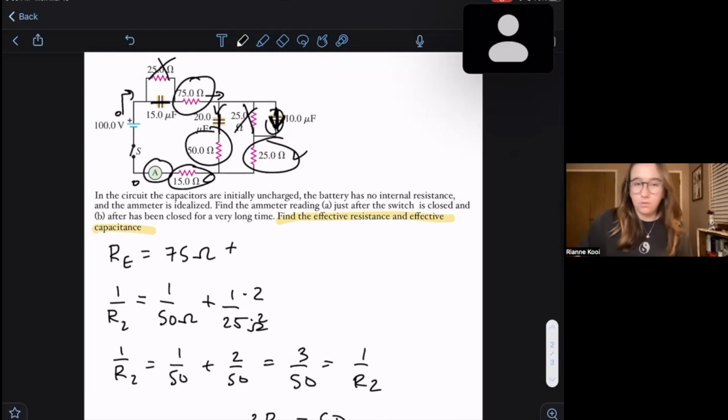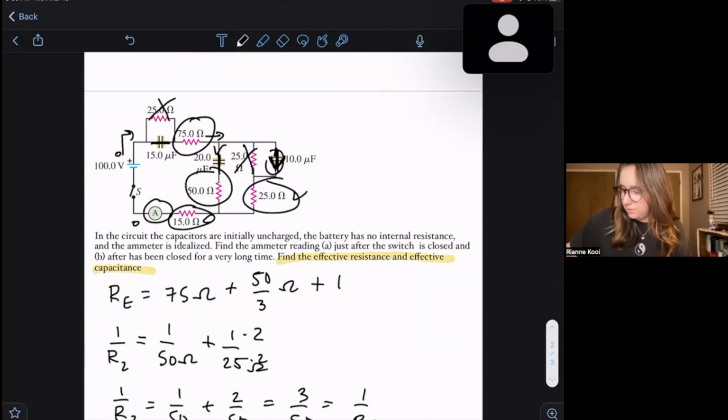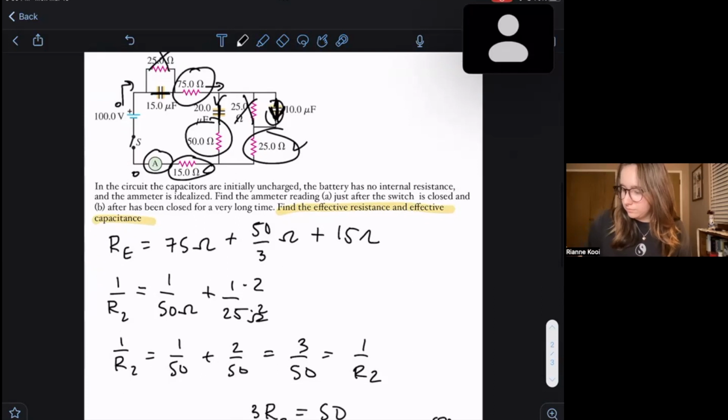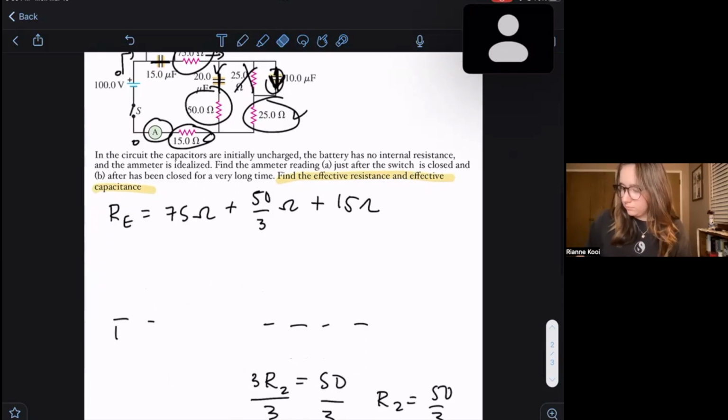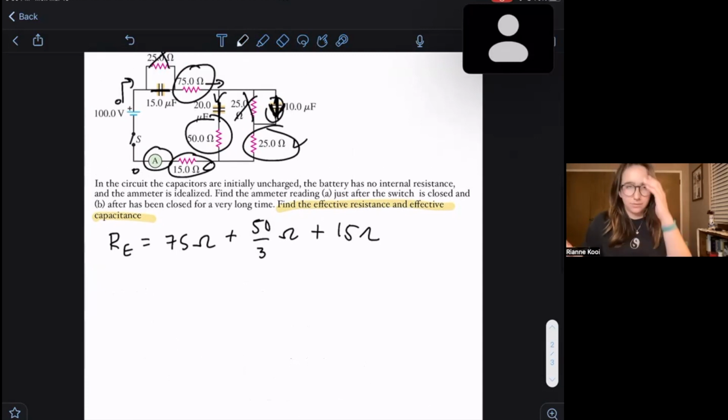So we're going to add that to our effective resistance, since those are in series with that 75 ohm. So 50 over 3 plus 15 ohms. So now we want to find our resistance. So 75 plus 15 equals 90.